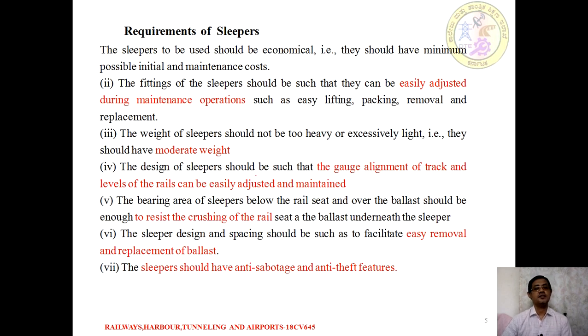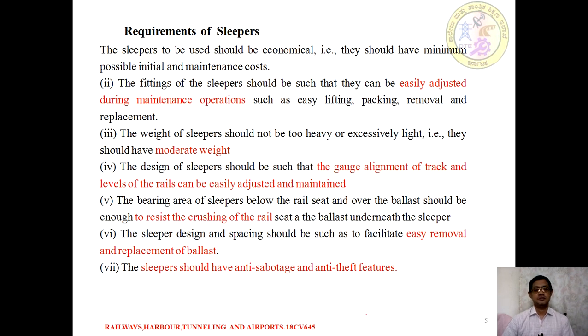Next, the design of a sleeper should be such that the gauge, alignment of the track and level of the rails can be easily adjusted and maintained. Next, the bearing area of the sleepers below the rail seat and over the ballast should be enough to resist the crushing of a rail.